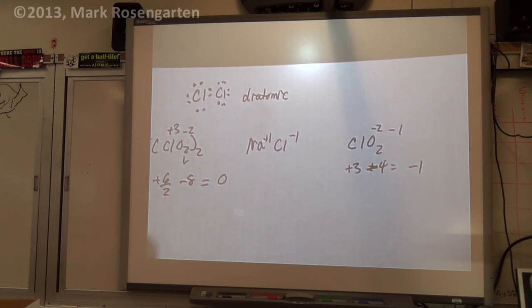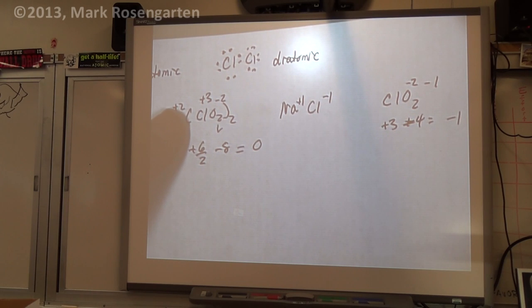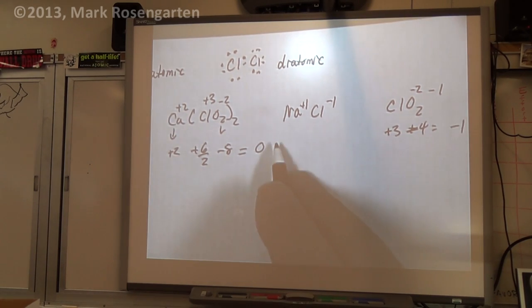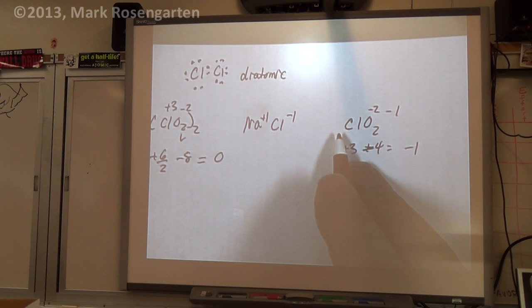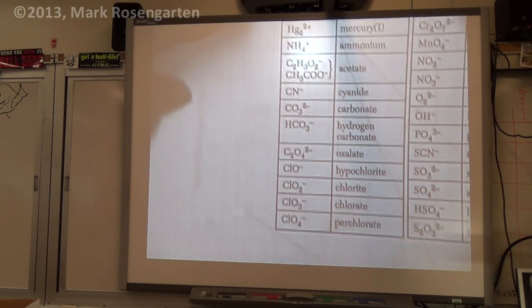So you could do it that way also. You could either do it with the calcium or without the calcium. With the calcium, it adds up to 0. Without the calcium, it adds up to whatever the charge of chlorite is, which, as you said, can be found on reference table E. Oh, where's my table E?